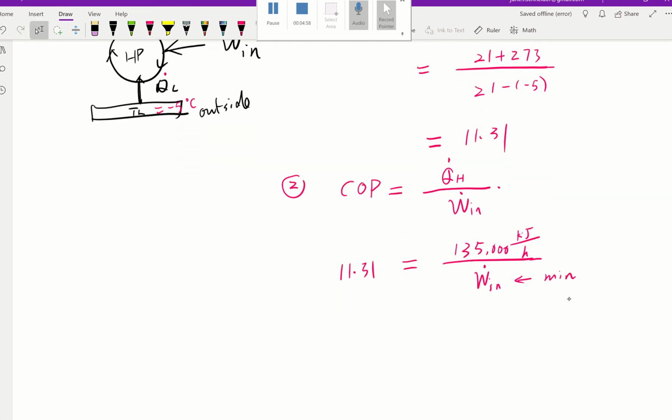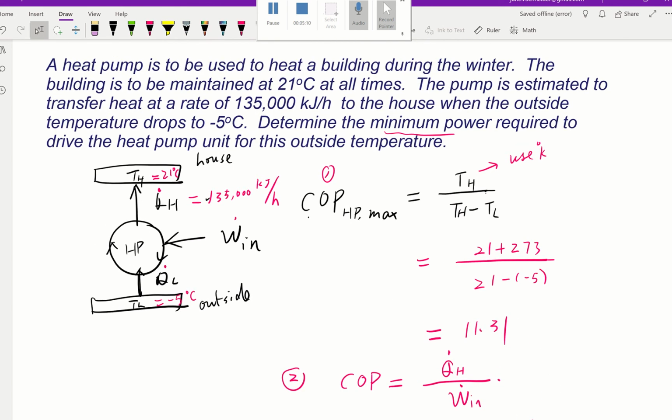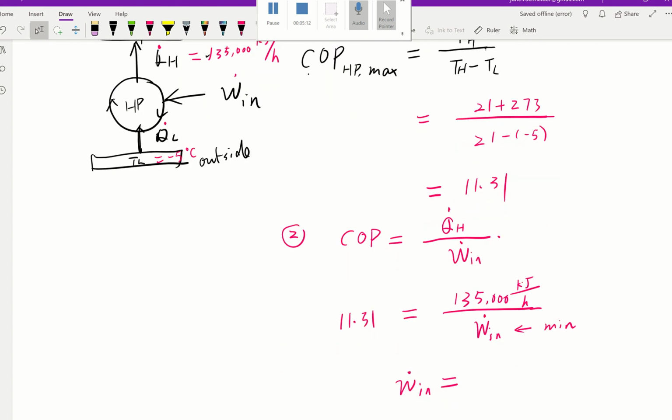So when we calculate that, the required work transfer rate will be equal to, and we can also change this kilojoule per hour to watt. In order to do that, 1 hour is equal to 3,600 seconds, right?